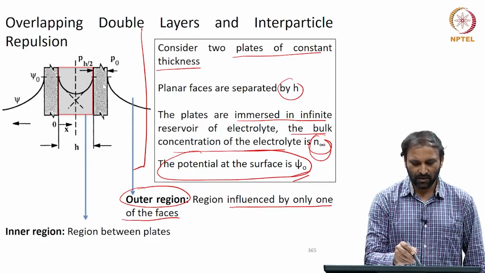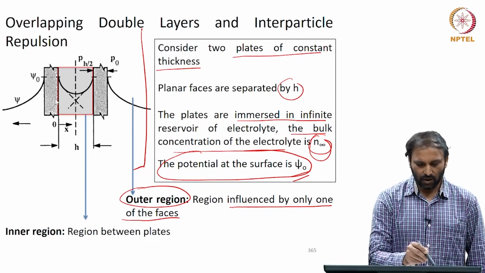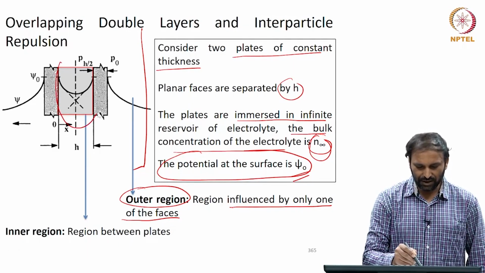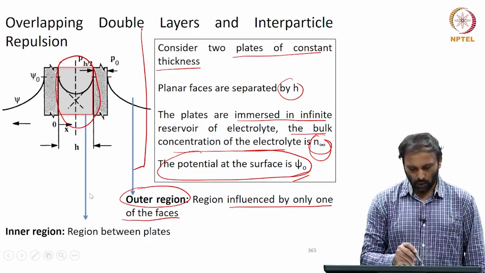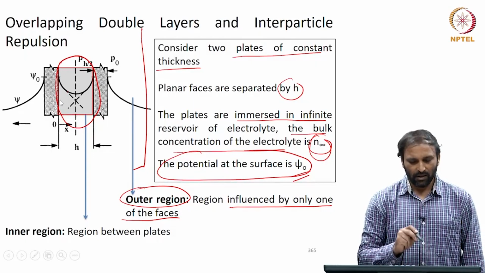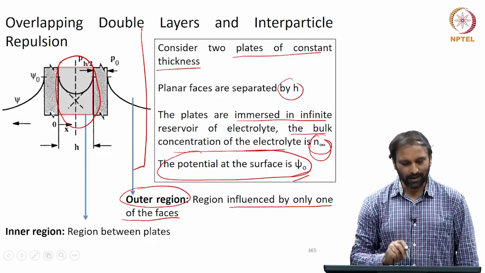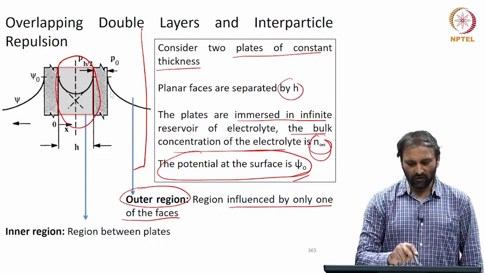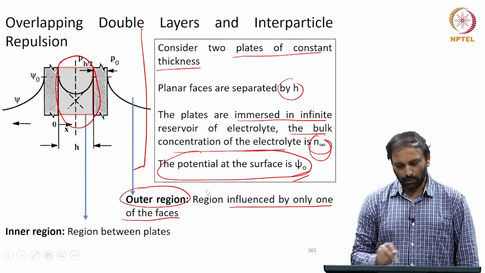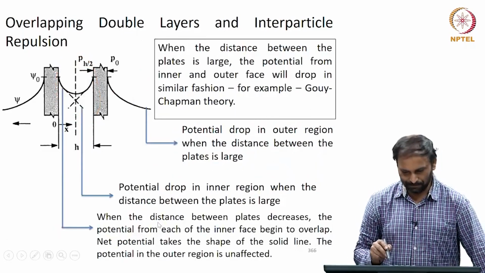That is the region outside the two plates. The inner region is the region between the plates, where the potential in this gap is influenced by both the surfaces. However, in the outer region the potential is influenced by only one of the faces.